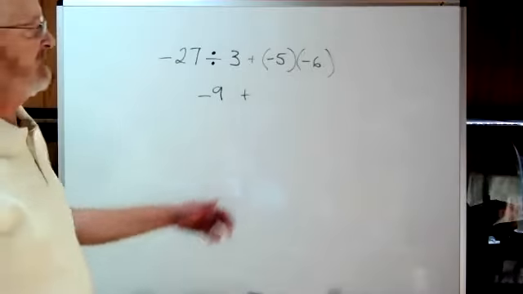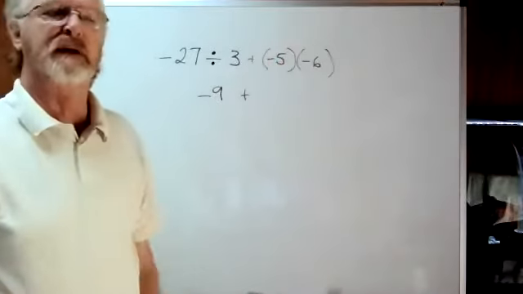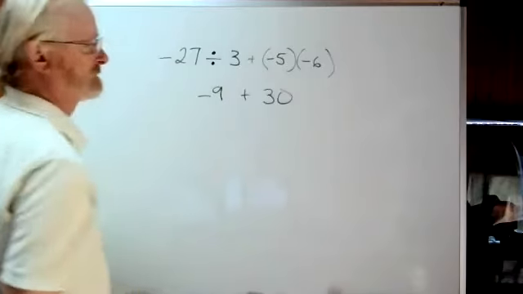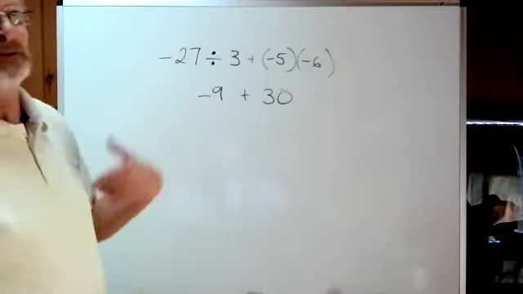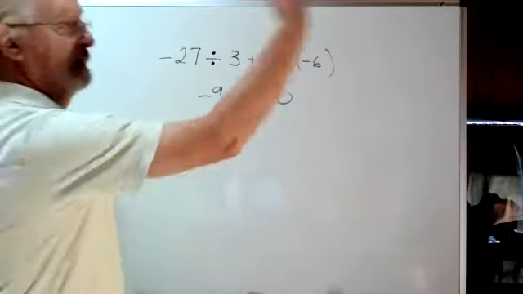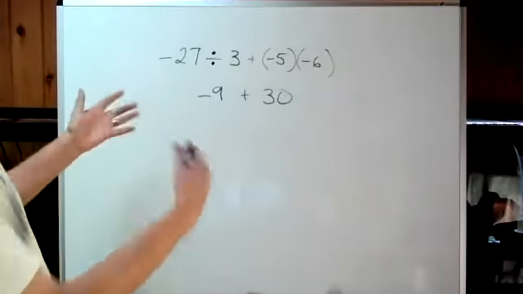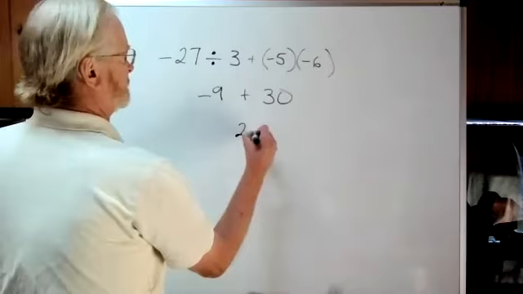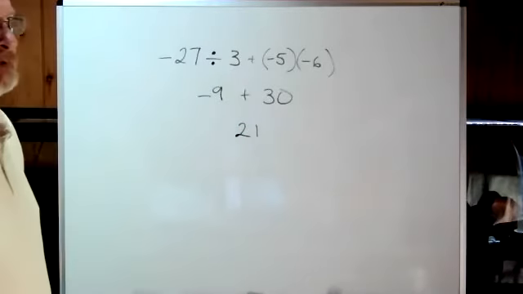And here's a multiplication. Negative times negative, I'm going to get +30. So now I'm just down to an add-subtract step: -9 and add 30. Their difference is 21, and the positive is bigger, so that'll be +21.